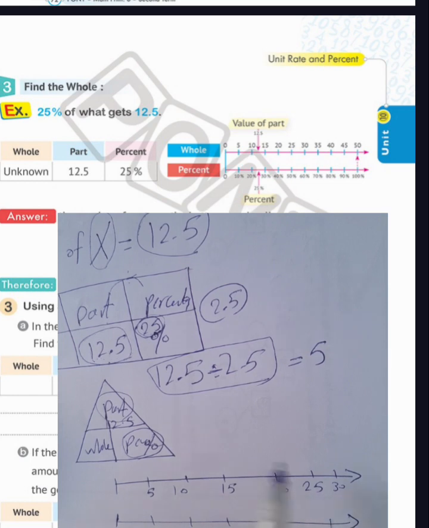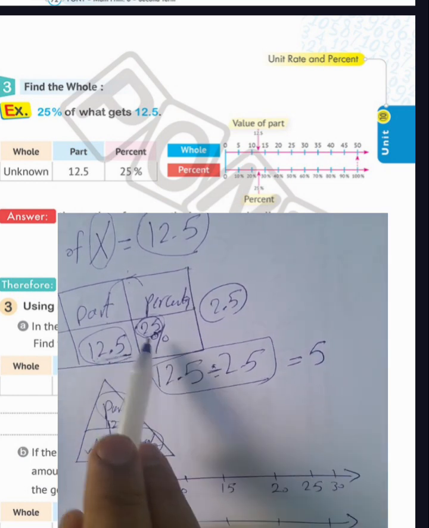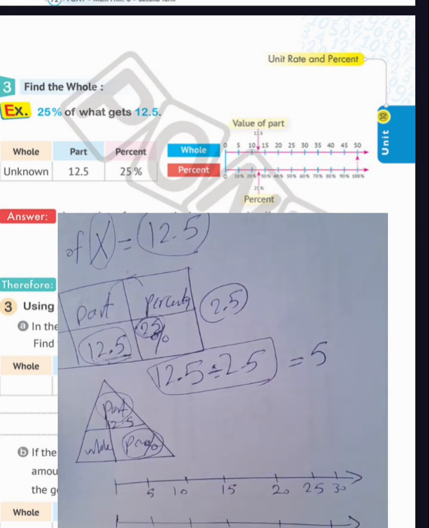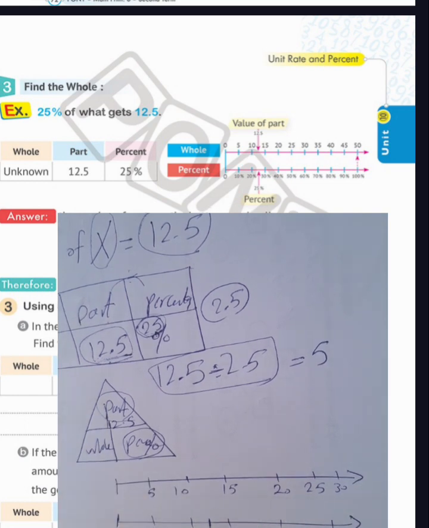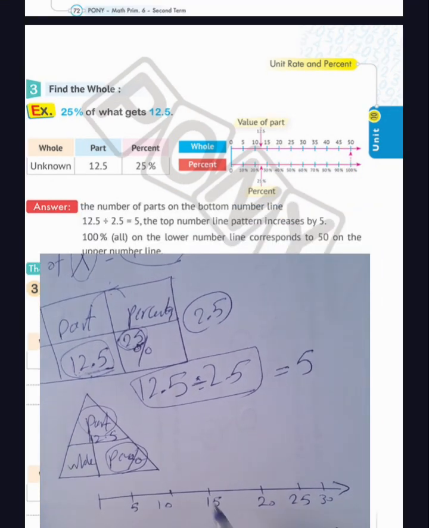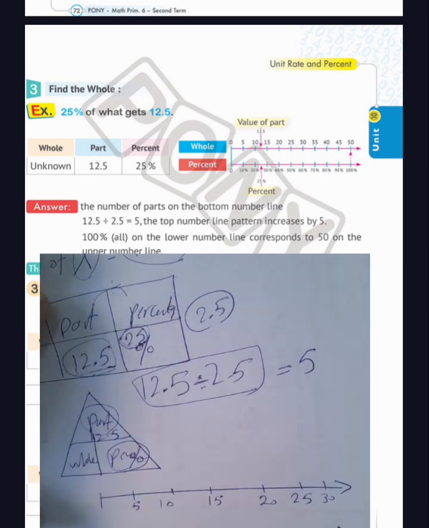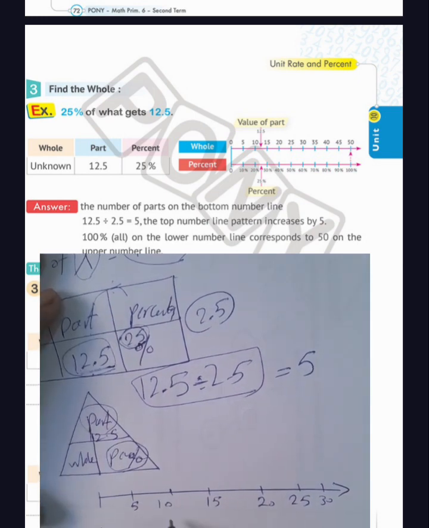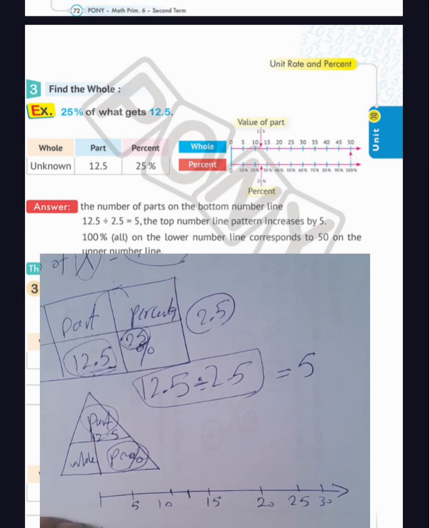You want to find what? Percent 25. Going to 25 where? Here, between them. 12.5, going to what? 12.5 here. It will be 25%.